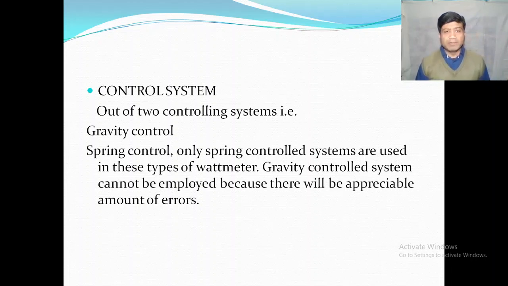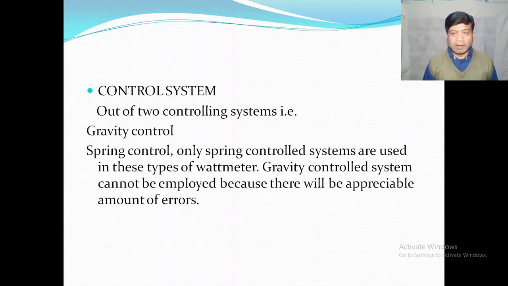Control system has a very unique purpose, that is when there is a deflection of the pointer, it cannot return back to its original position. There should be a force which can propel it to its original position, and this force is provided by the control system.